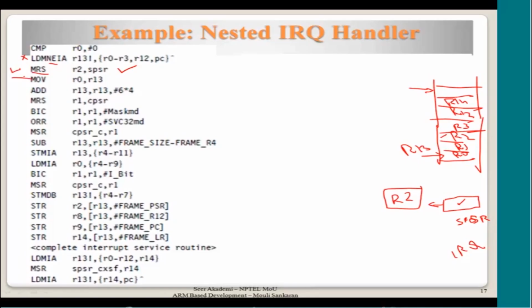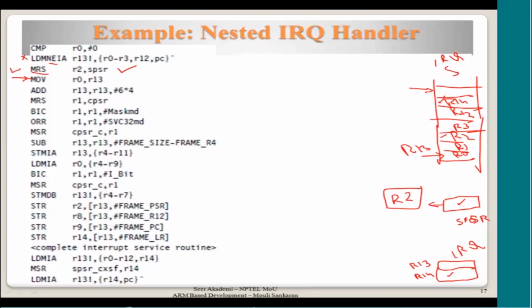Now what is happening here? Move R13 to R0. So again, in IRQ mode, how many registers are there? 2 registers, R14 and R13. This R14 is already saved into the IRQ stack.